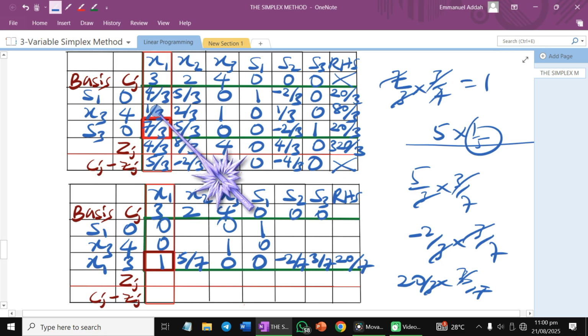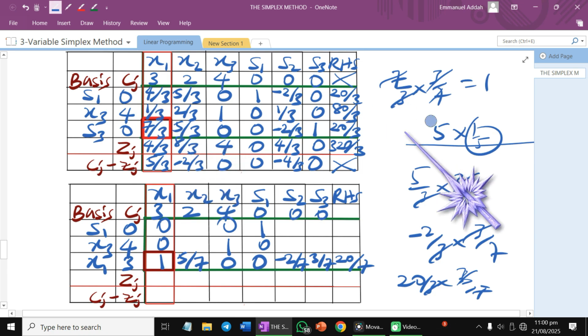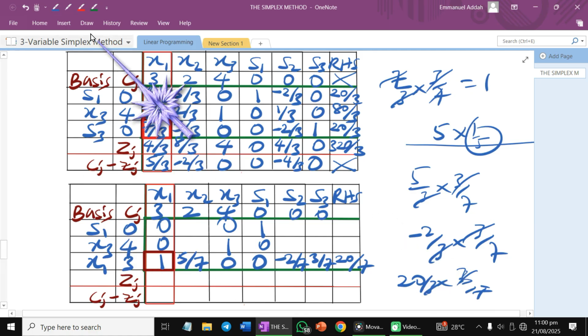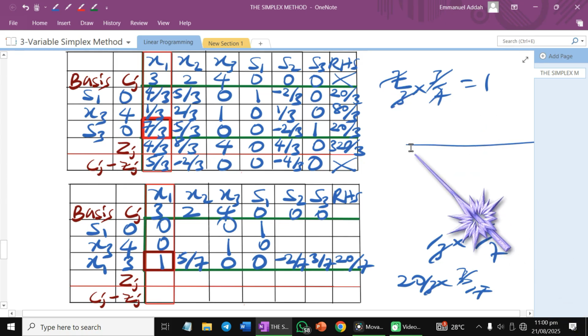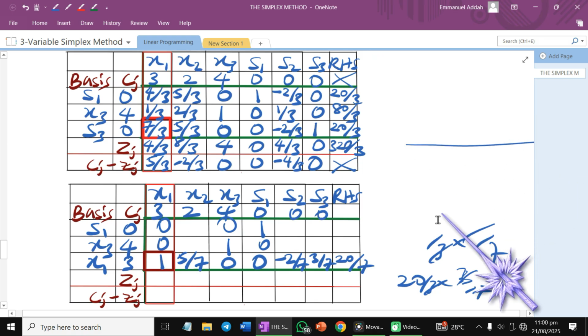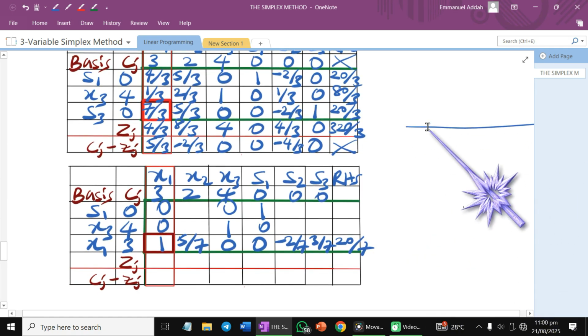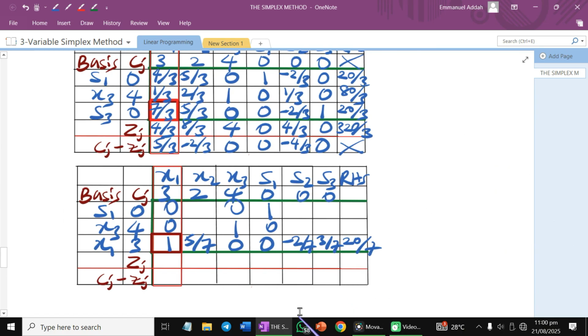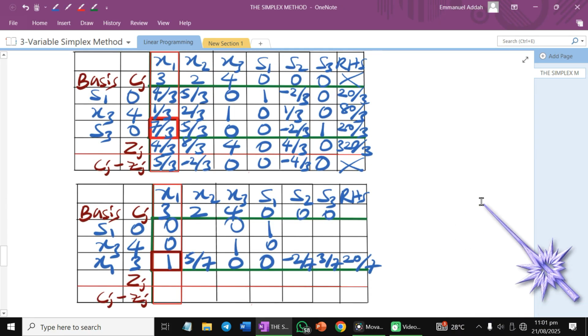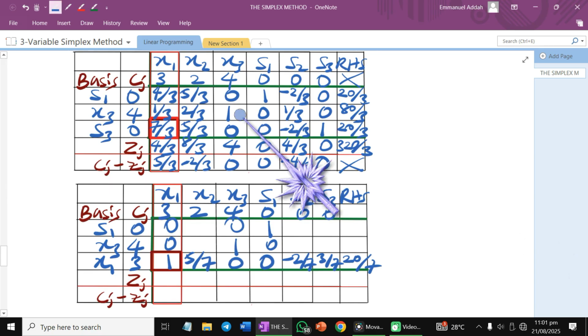So you tell yourself that the value here, we are going to call it X. Let me clean here. You can see here, the value here, you go to the corresponding value here on the old tableau, which is 1 over 3.